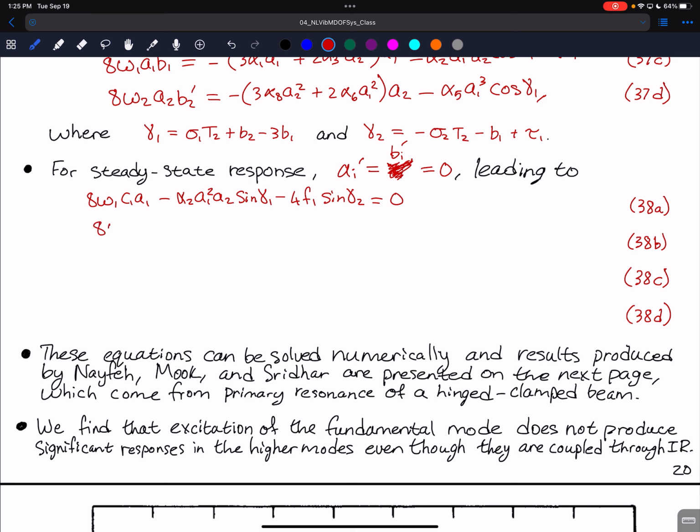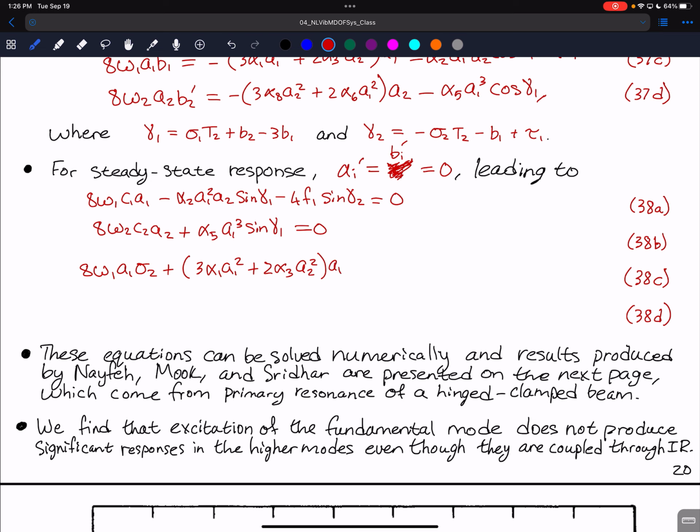Then the second equation is 8 omega 2 times C2 A2 plus alpha 5 times A1 cubed times the sine of gamma 1, and that's equal to 0. The third equation is 8 omega 1 times A1 sigma 2 plus quantity 3 alpha 1 A1 squared plus 2 alpha 3 A2 squared.